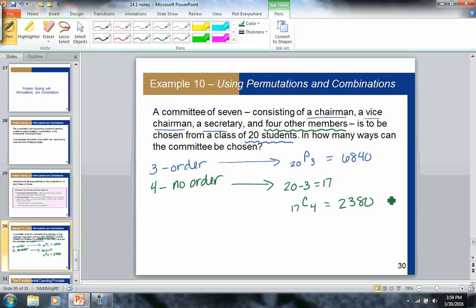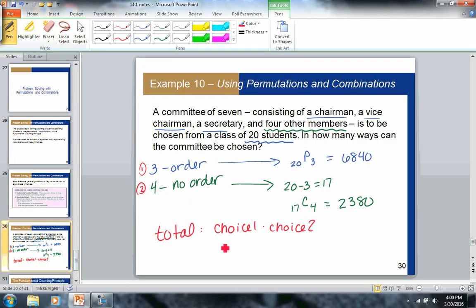Okay, so now to find our total, we have to consider how many options there were for the first choice. So that's where order mattered. That was our first choice. And then we'll have to consider how many options there are for our second choice. So that was where the order didn't matter for the other 4.